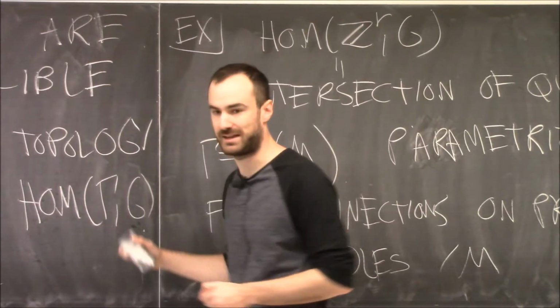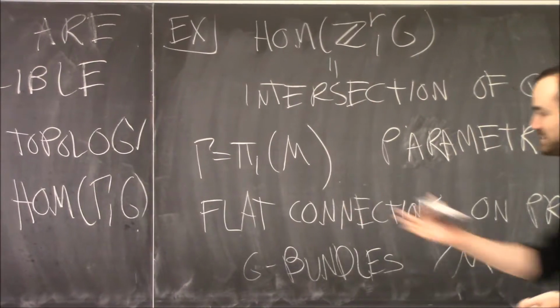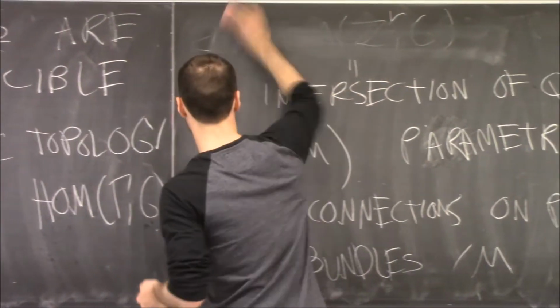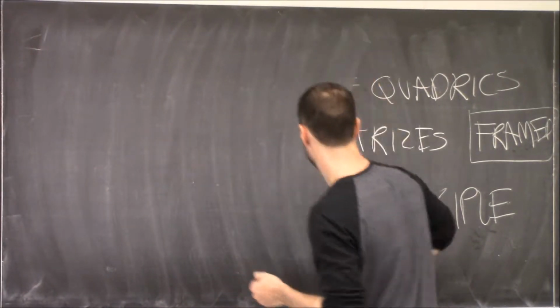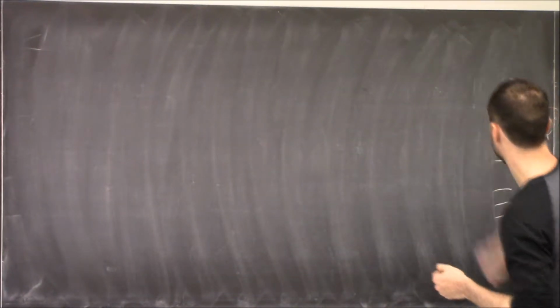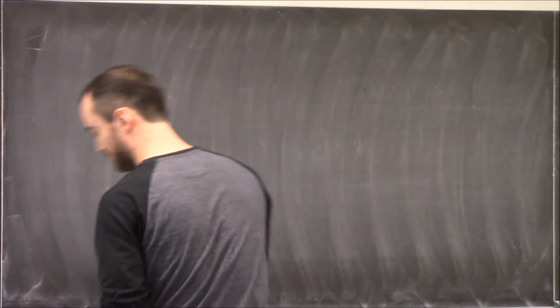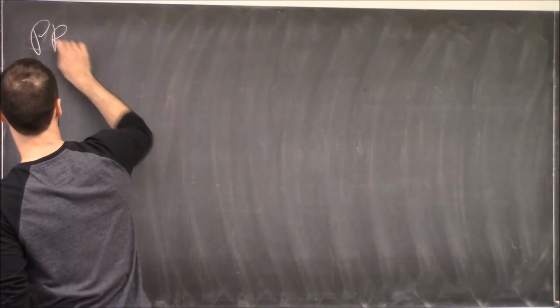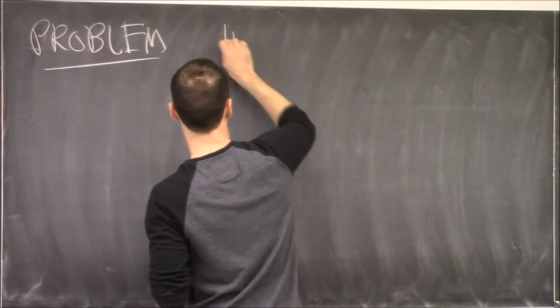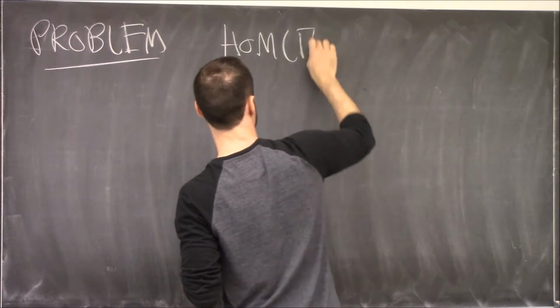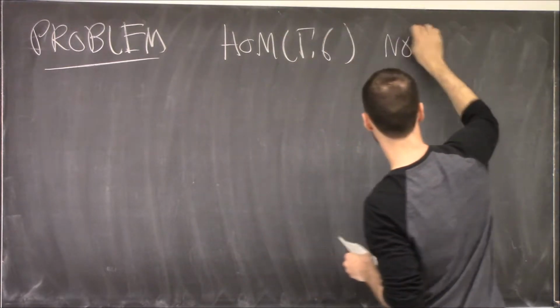But if G is something like SLNC, none of that really quite works because the space of representations won't be compact. So if you're taking the perspective that you want to understand these spaces through algebraic topology, you immediately run into a problem that Hom gamma G is not compact.